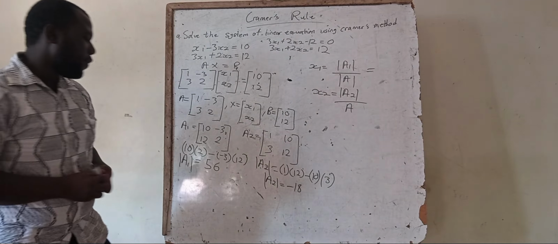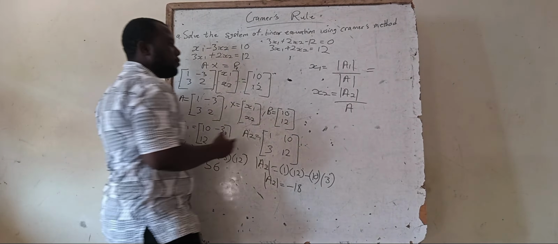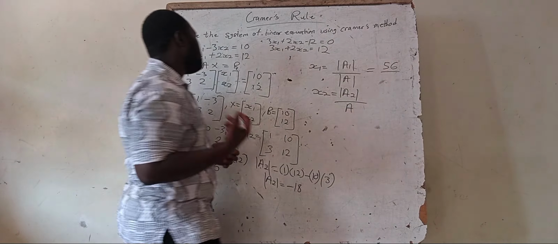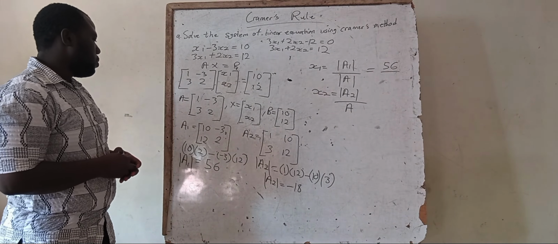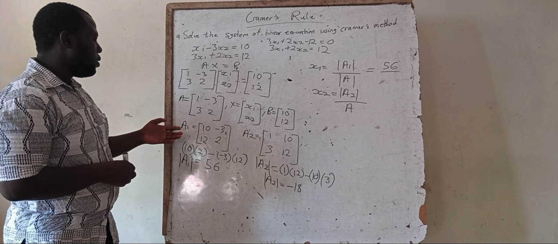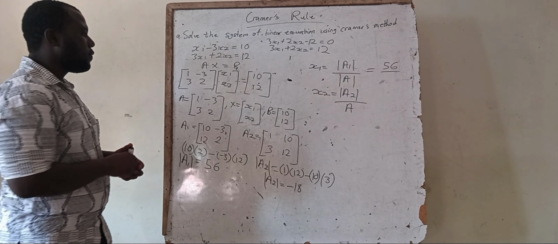The determinant of A1 is 56. And what is the determinant of A? Did we find the determinant of A? Let's go ahead to find it.